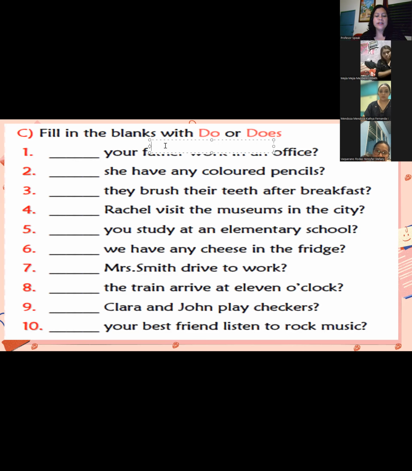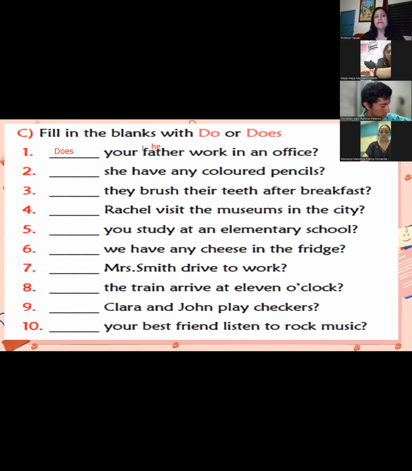So father is like if you say he, okay? Because it's your possessive, it's not you, it's your father. So your father is like tu papá, so papá is he, okay? So he, and the answer is do or does? Does. Because it's father, does.